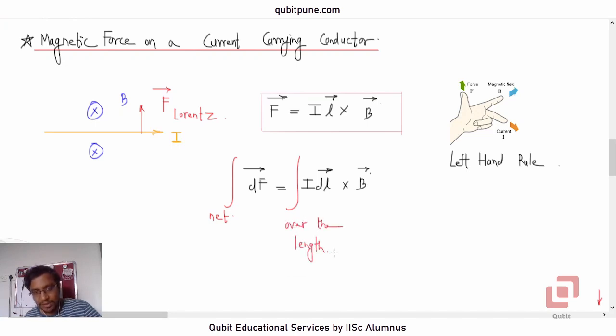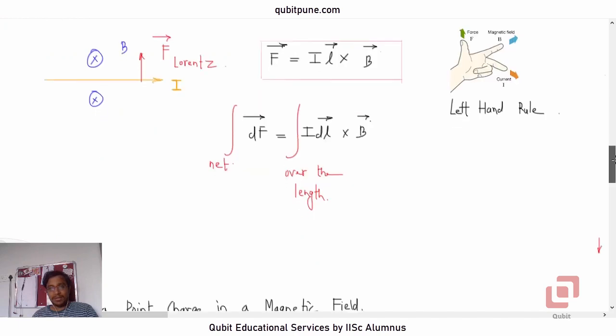Whatever length of the conductor is inside the magnetic field, we have to perform this integration, and because the angle between the magnetic field and the current element is going to change, we have to be careful. That's the reason why we integrate, otherwise there's no need to integrate. That's magnetic force on a current carrying conductor.